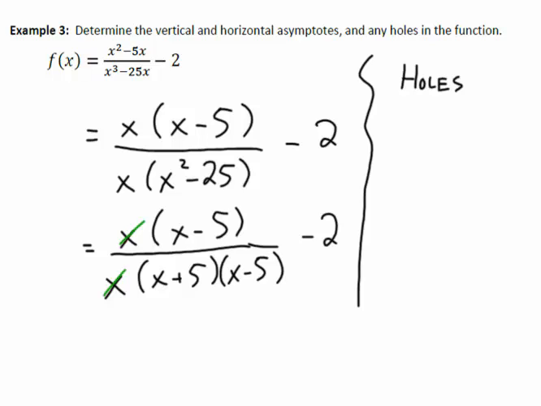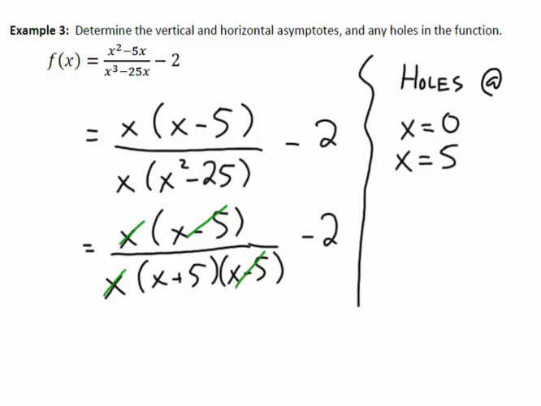So the x equals 0 value actually cancels out. So there is a hole at x equals 0. We also have an x minus 5 canceling each other out. So we have a hole at x equals 5. There's the two holes in our function.